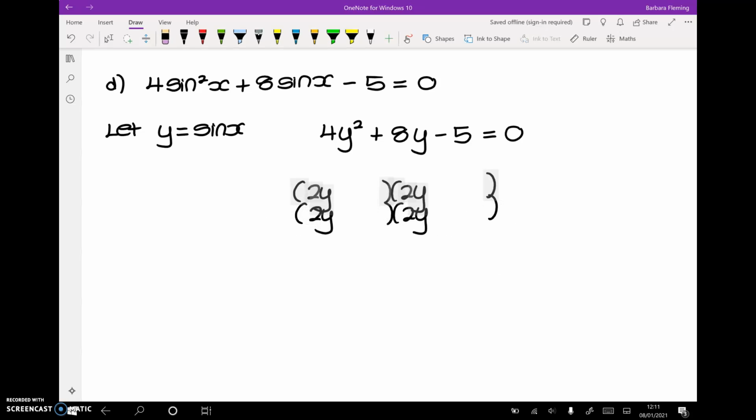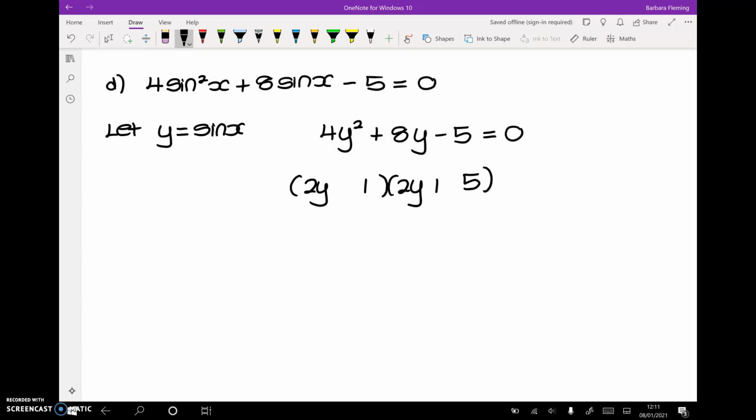Looking at our 2y and 2y here, again, if I put in 1 and 5, I get 10y and 2y, and positive 10y take away 2y gives me my 8y, so I'm good there. Double check by expanding it out. 4y squared plus 10y minus 2y gives you 8y minus 5. So you've got your factorising done.